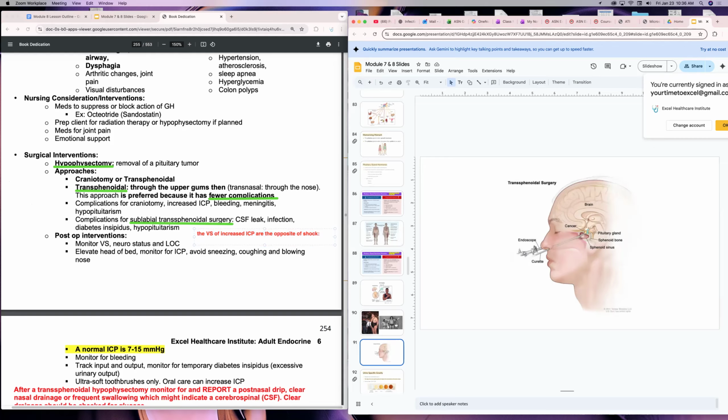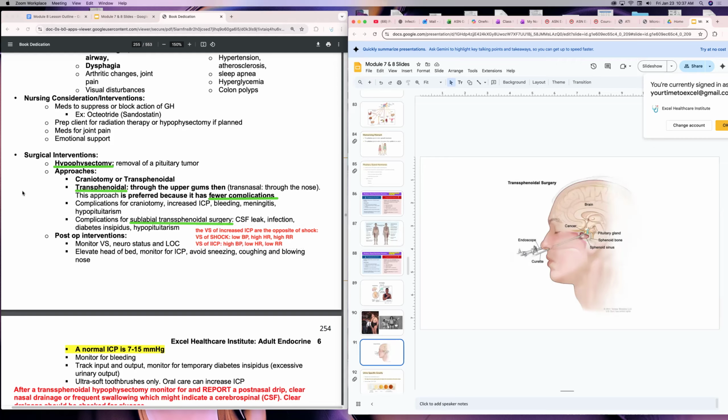So what does that mean? So remember, shock vital signs is low blood pressure, high heart rate, high respiratory rate, correct? Let me know in the chat if you agree that the vital signs of shock are low blood pressure, high heart rate, high respiratory rate. So the vital signs of increased ICP are the opposite of that. So that means the vital signs of increased ICP are high blood pressure, low heart rate, and low respiratory rate.